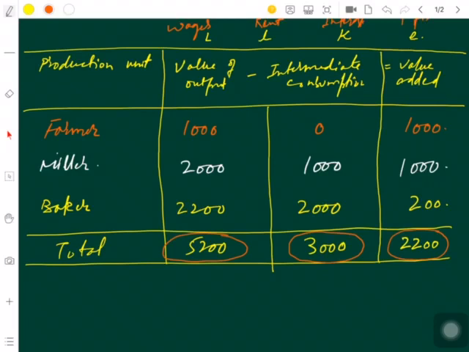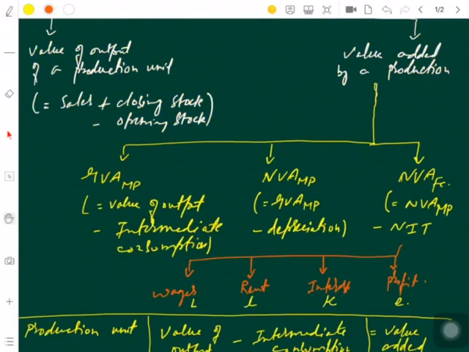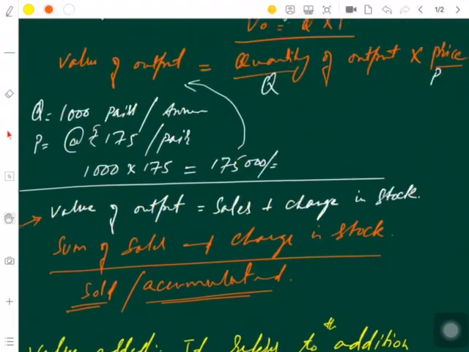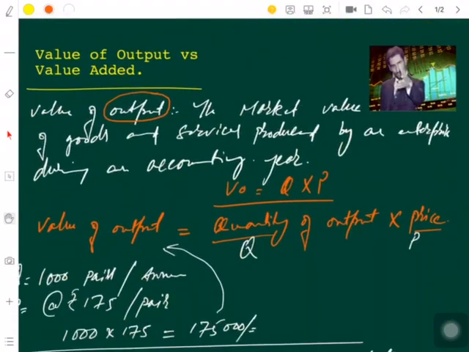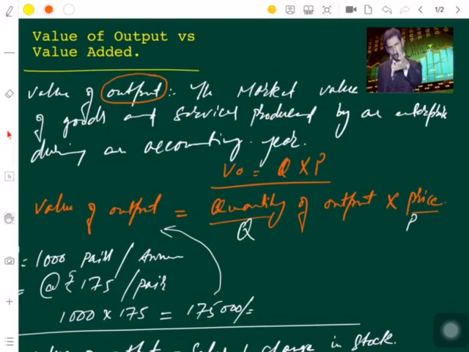So by virtue of this example, we are able to understand what it basically means and how it all operates. So here you are now able to understand the real distinction between the value of output and value added.